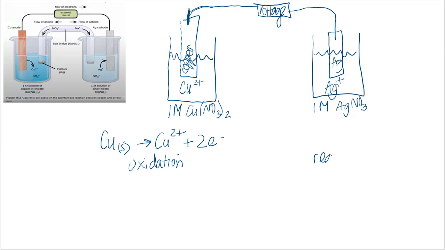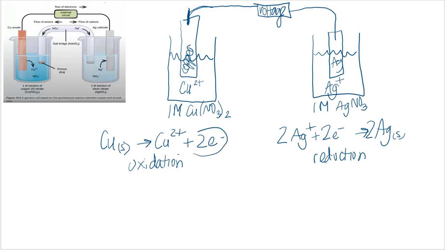Over here we have our reduction, where we have our Ag+ plus electrons to give me Ag solid. Now, if I look at this reaction, see here, I'm generating 2 electrons. And over on the right side, I need 2 electrons.